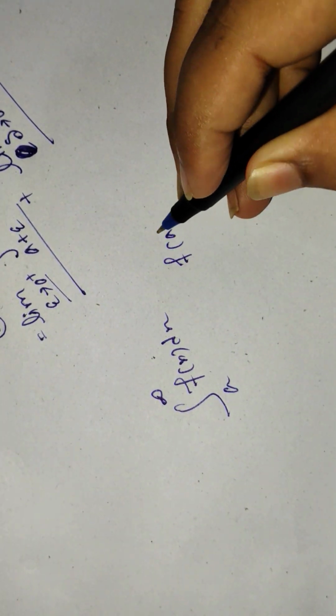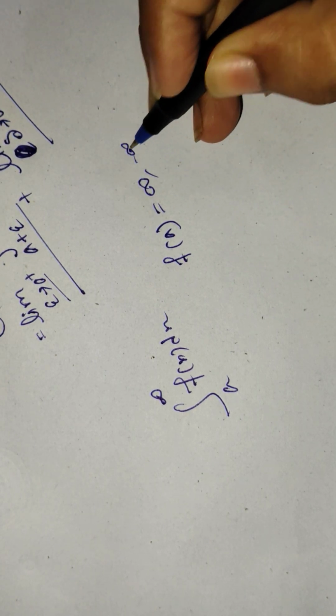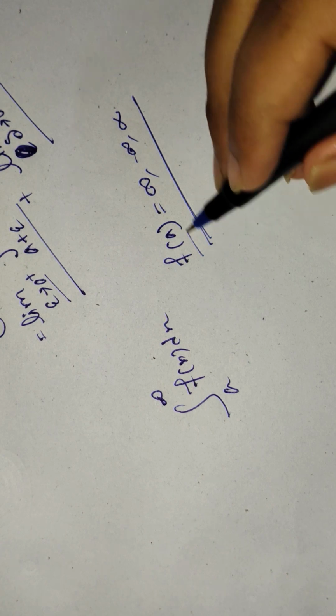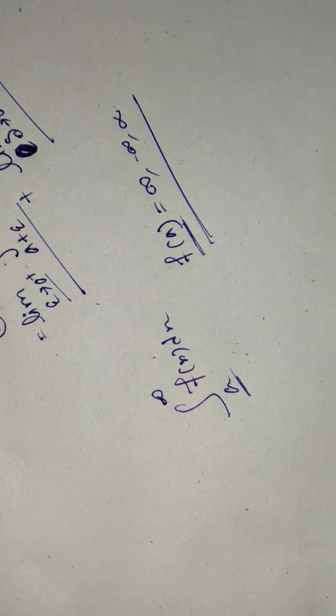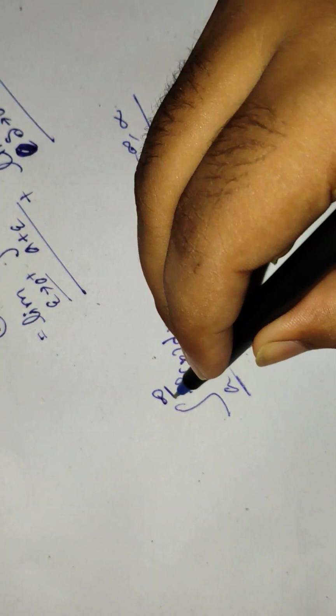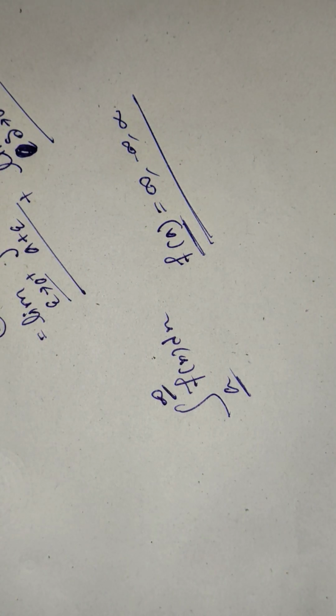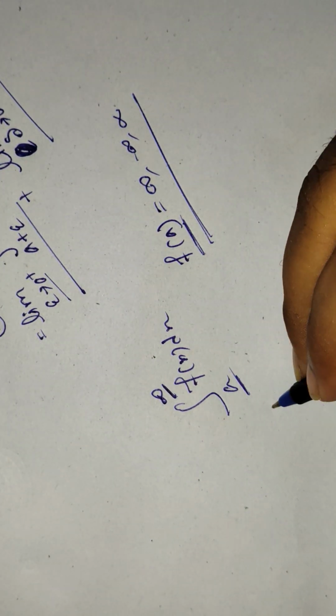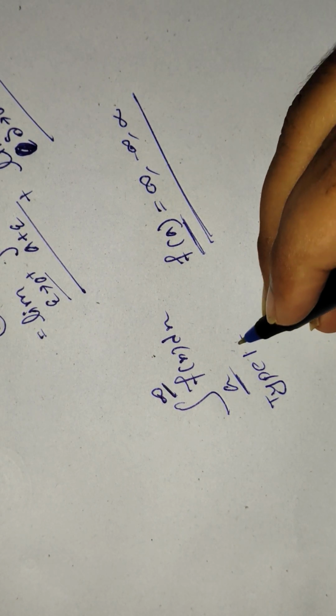Let's say f(a) equals infinity or minus infinity or undefined. So f(x) is not bounded at the point a, which is the lower limit, and you can see an infinity here. So it is the summation of type 1 and type 2.